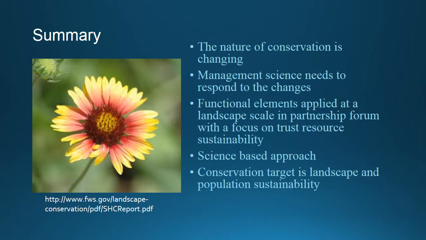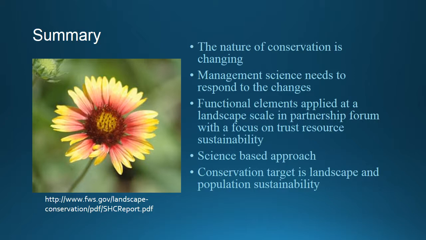In summary, the nature of our conservation management is changing. Better tools are needed to address the management science associated with our response to change. Large landscape factors such as climate change, sea level rise, land use conversion, and restoration all require adaptive processes to succeed.